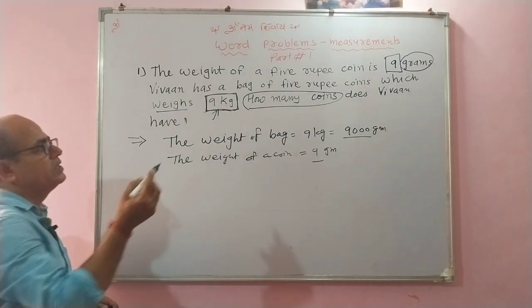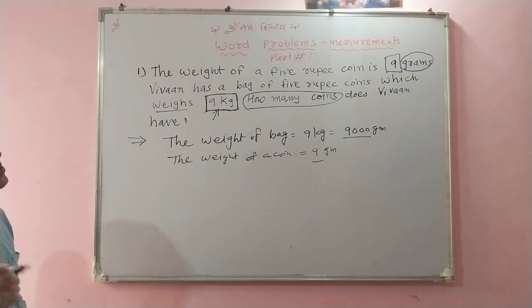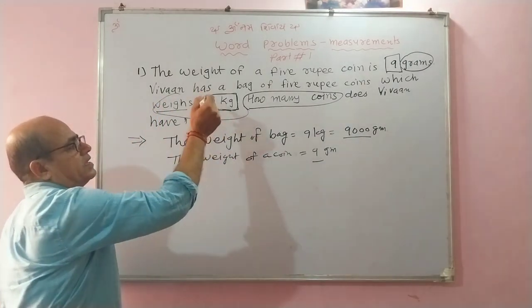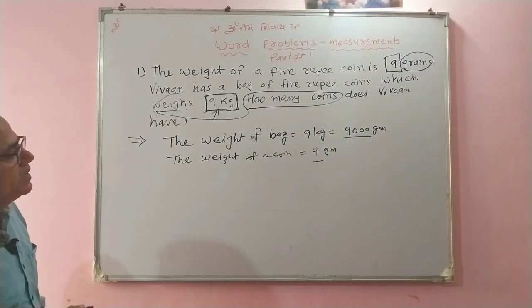Now what is the question? How many coins does Vivan have? So here both are given. The bag's weight is 9 kg, means 9000 gram, and one coin's weight is equal to 9 gram.